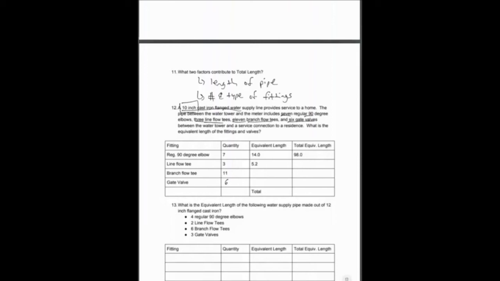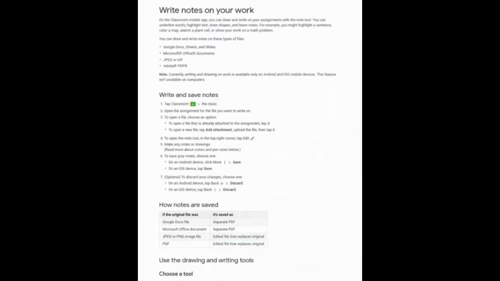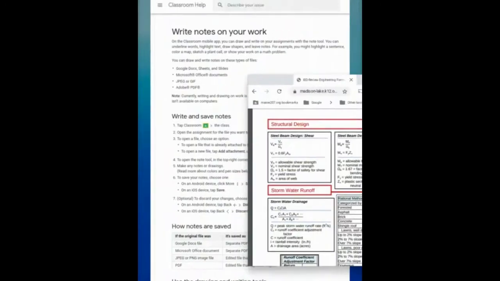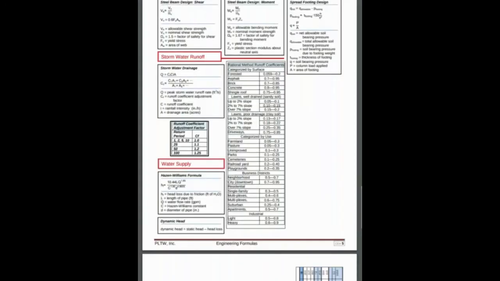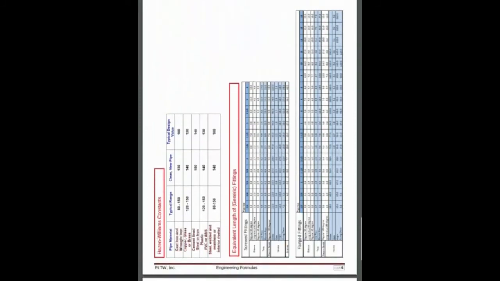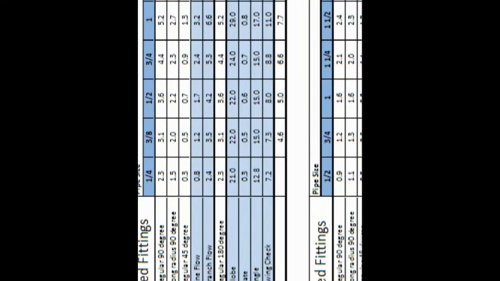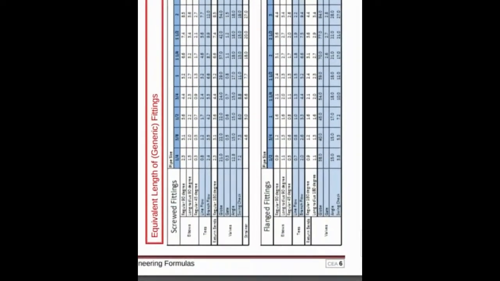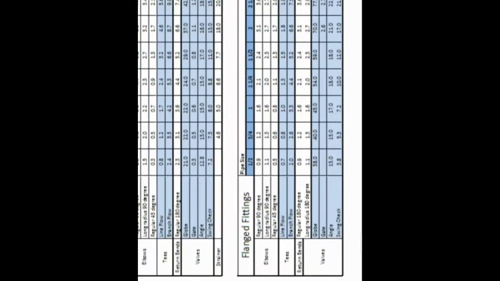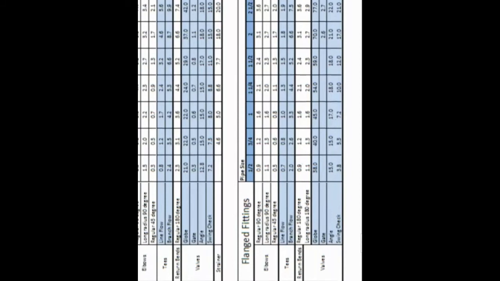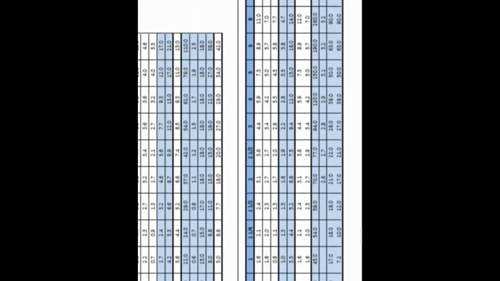Looking up the branch flow T's, if you want to take the time. Oops. So let's see. Branch flow T's, 10-inch.